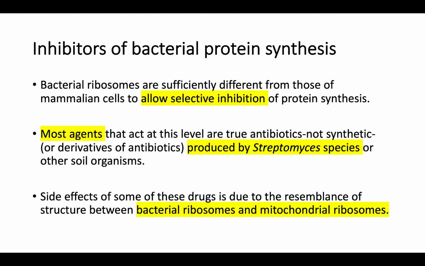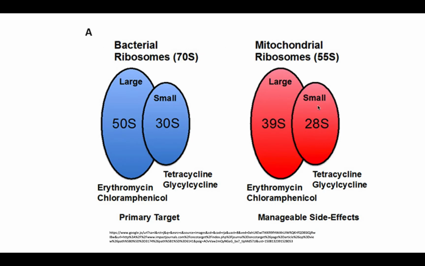So the side effects would be affecting this cellular structure, mostly the mitochondria. In mitochondria, our ribosomes are 55S, 28 and 39, whereas in bacteria it is 70S, between 50 and 30. So the TAG drugs work here: tetracyclines, glycylcyclines, which we will talk about, aminoglycosides, erythromycin, chloramphenicol, all those work here as well.